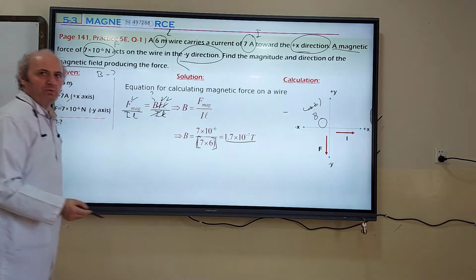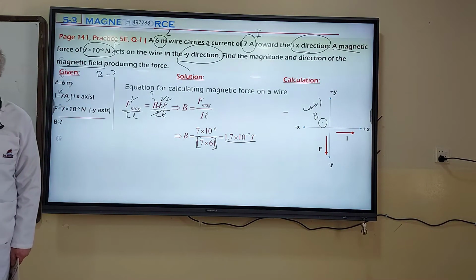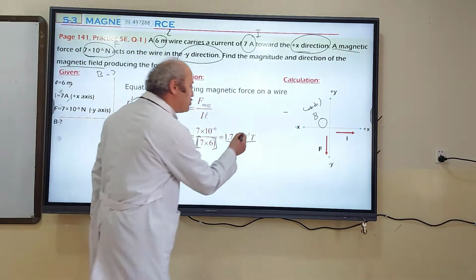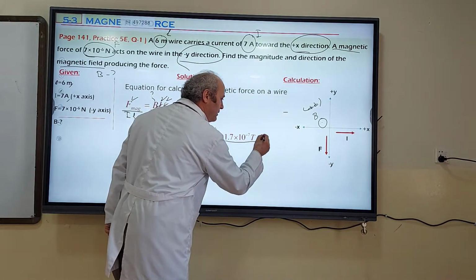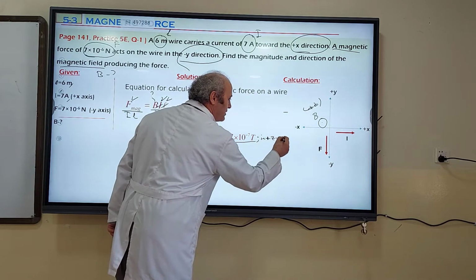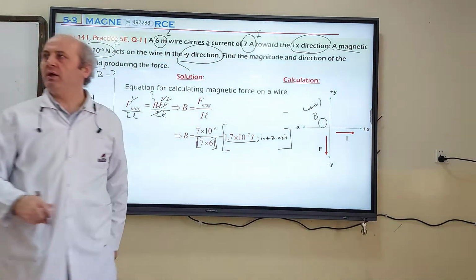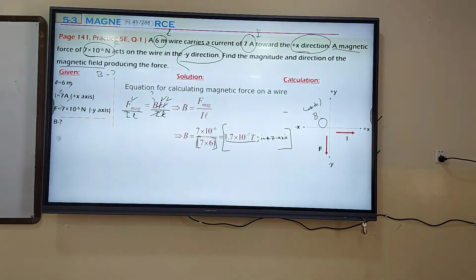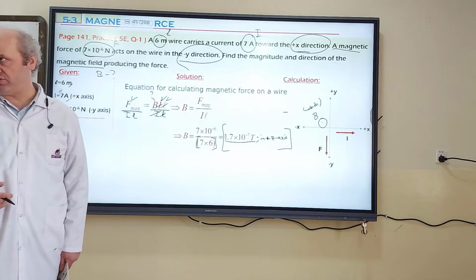The magnitude of the magnetic field is 1.7 times 10 to the power negative 7 Tesla. But in which direction? You should put a comma, in the positive Z axis. So the answer will be this way. First the magnitude and add its direction after the magnitude: 1.7 times 10 to the power negative 7 Tesla in the positive Z direction.